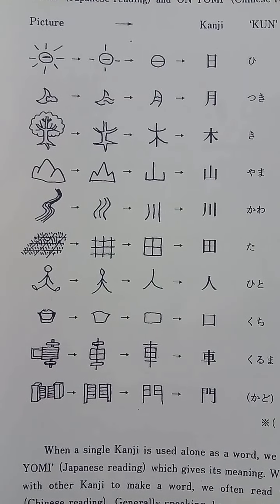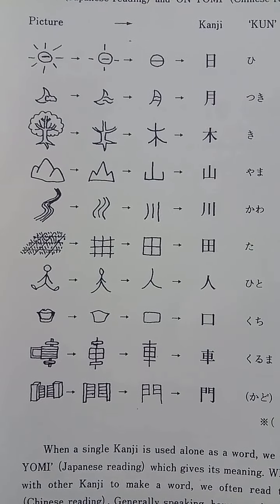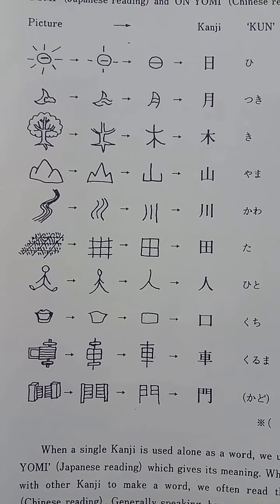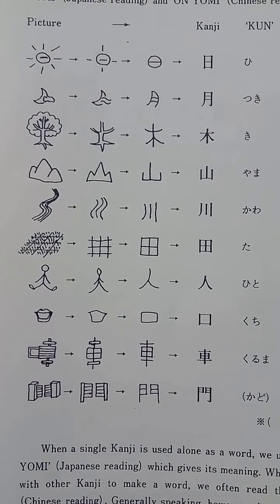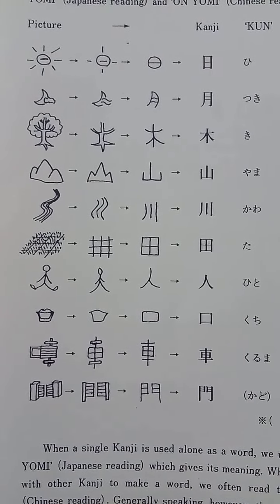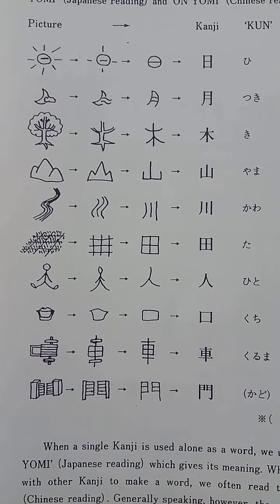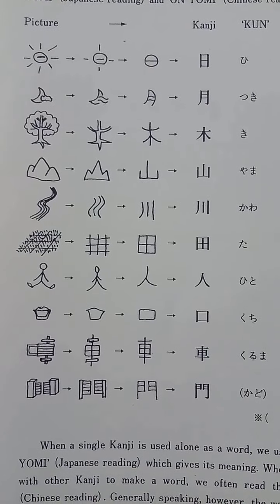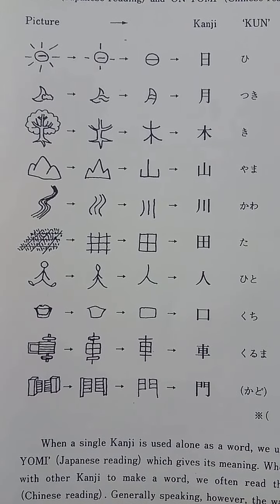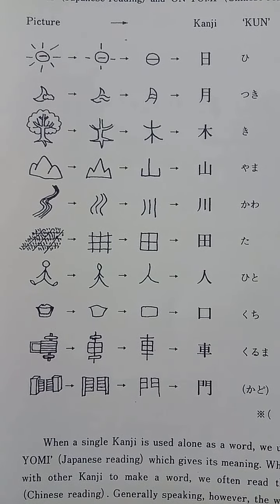If you observe the third row, it looks like a tree and it is called ki in hiragana. And if you observe the fourth row from the bottom, it is called hito, which means person.